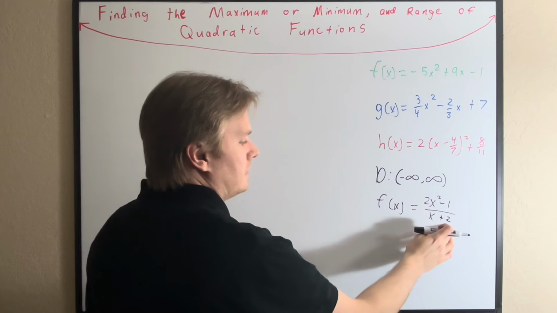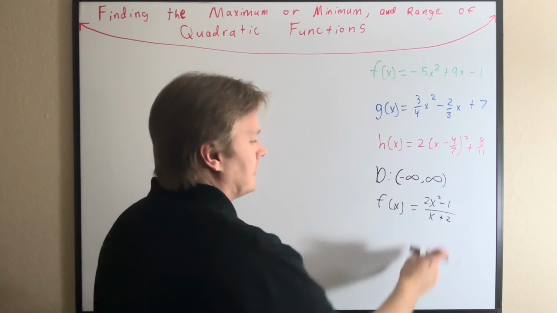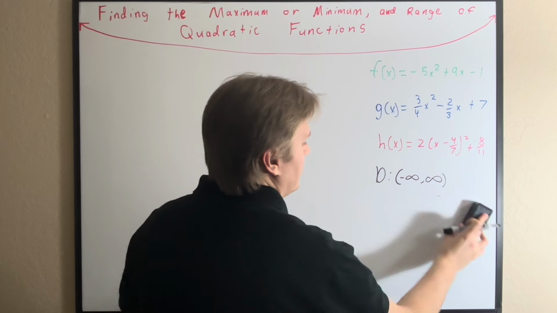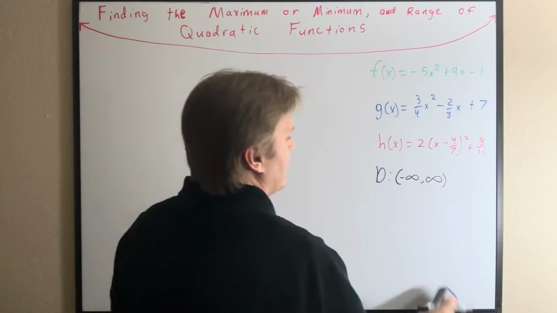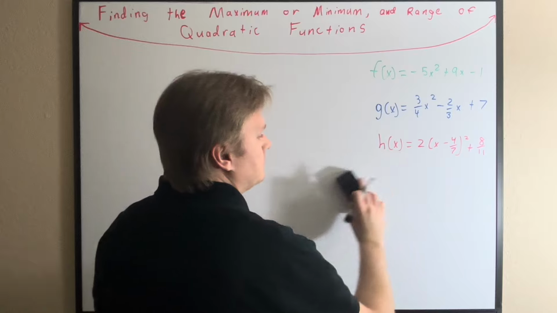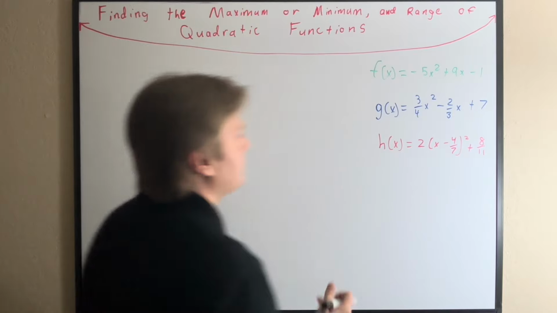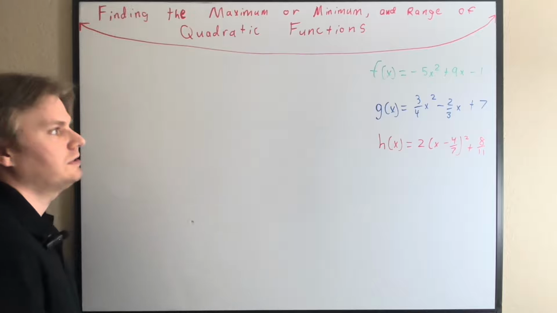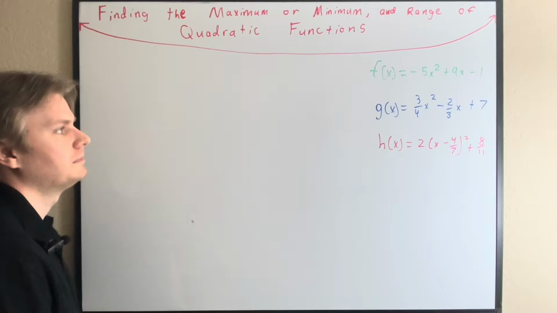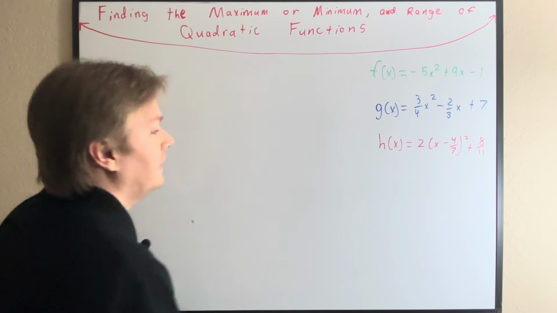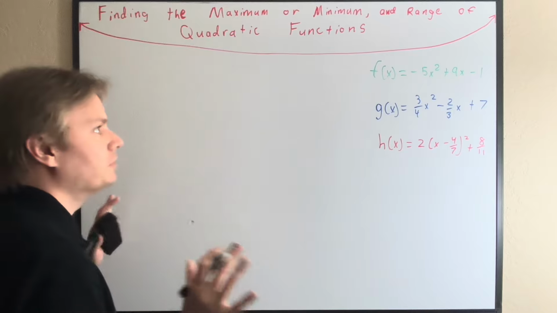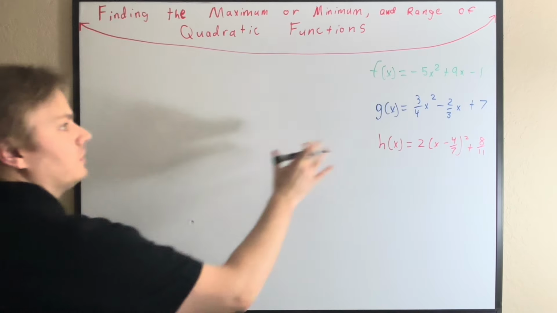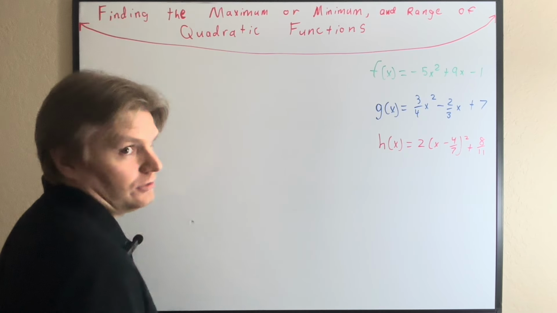See? Because you can't have a 0 in that denominator. I get rid of that, but we're not doing one of those in this video. So, domain is all real numbers for all of these. So we're just finding the range, and that's all we're doing. We're not completely graphing it. We're not solving it for the x-intercepts, although you could do that if you wanted to.